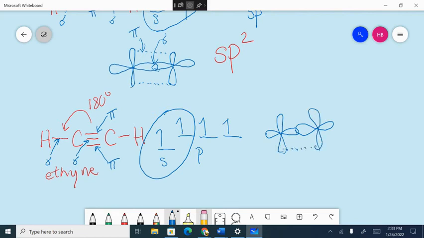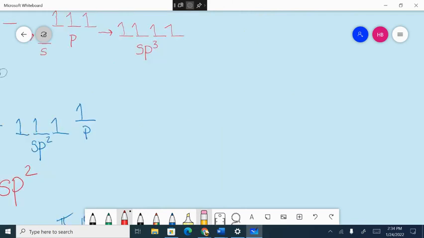And they're going to form 2 pi bonds and 1 sigma bond here. So this is our sigma, and here's our 2 pi's. So 2 side-to-side bonds and 1 head-on bond. This is called sp hybridization. So let's summarize.